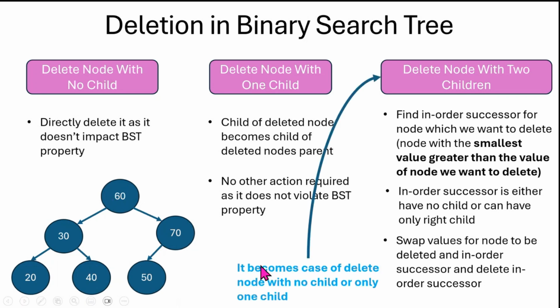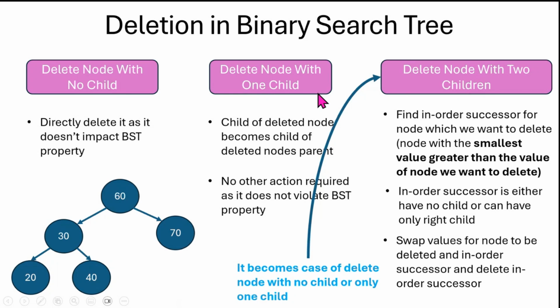So in that case, if you see this, deleting the node with two children actually becomes the case of delete node with no child or delete node with only one child, because we know that in-order successor can have either no child or just one child. So this fact we need to keep in mind that physically we remove the node with either no child or node with just a single child, right?